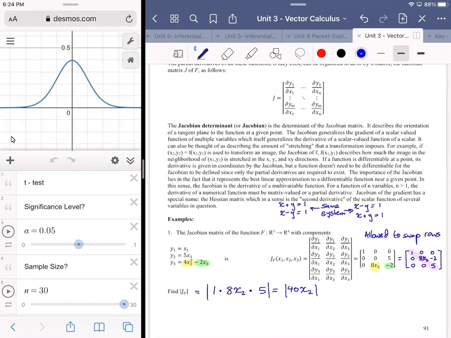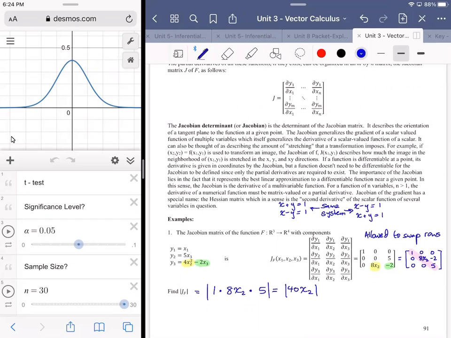A lot of people throw the absolutes around it just because they're worried they might forget. When they know the value of x2, plug it in and report a negative value, they start kicking themselves: I knew it was supposed to be non-negative, why did I leave the negative? So just something to keep in mind.